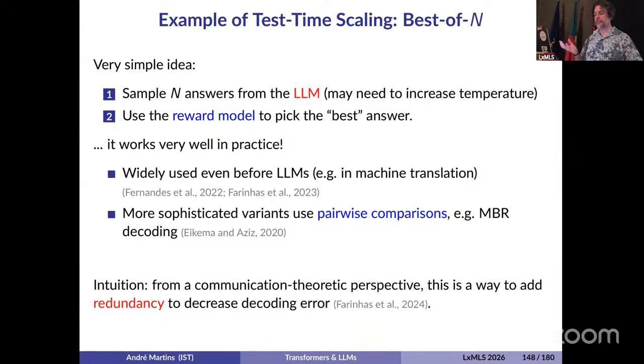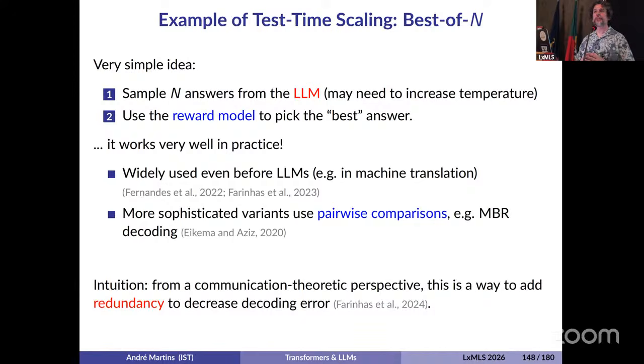And I like to think of this from a communication theoretic angle, where, when you generate multiple samples, you are basically adding redundancy to the problem, right? For those of you that have taken a course in information theory or coding theory, you might have heard about repetition codes, where if you want to transmit a message from a sender to receiver, and there is noise in the channel, like the noisy channel model, one way to increase accuracy in this communication is by sending the same message multiple times.